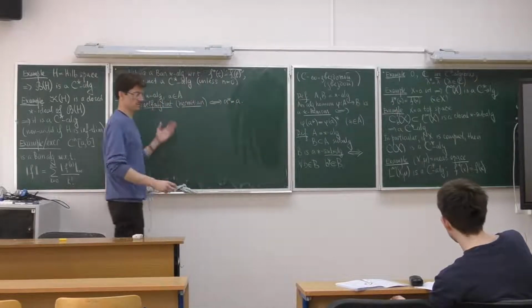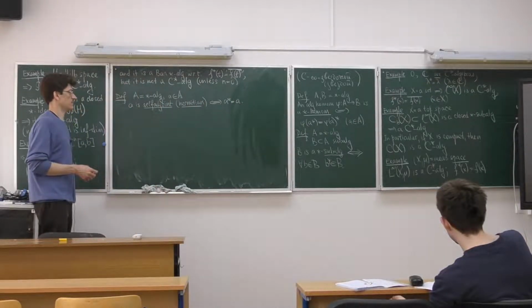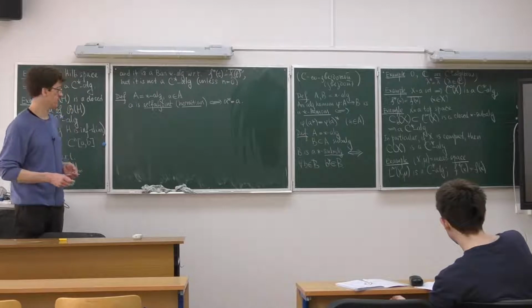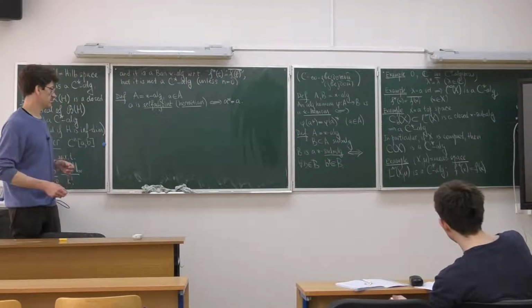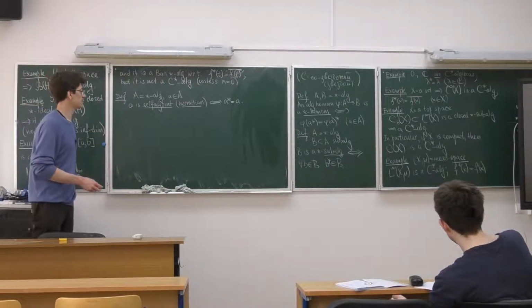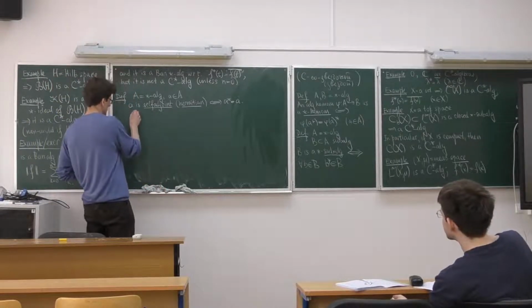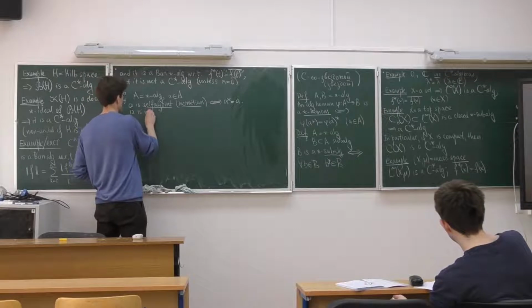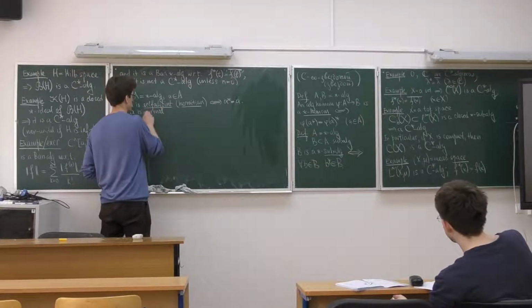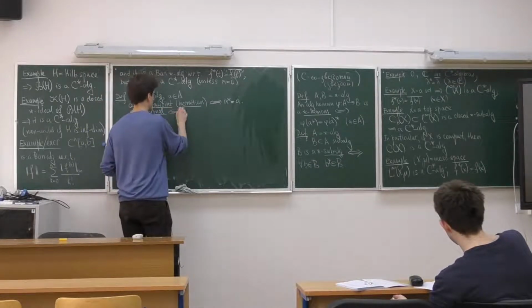So we have already discussed such elements in the algebra B of H of bounded operators, but actually the definition works for any star algebra. More generally, we say that a is normal if a commutes with a star.